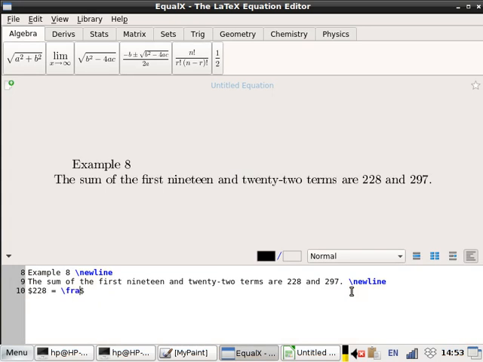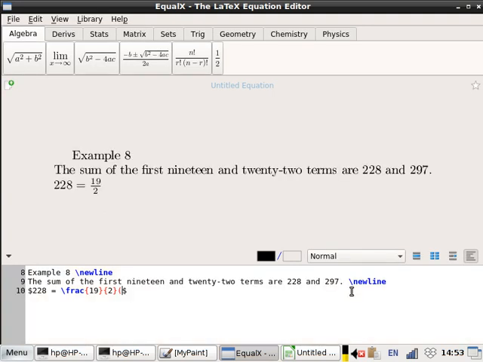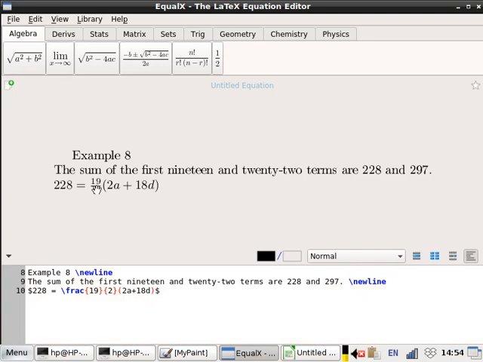228 equals 19 over 2, and then 2a plus 18 times d. Is that right? n over 2, 2a plus n minus 1 d. That's the first one. Second one, okay.